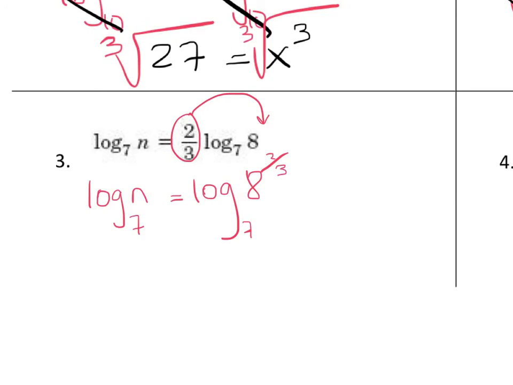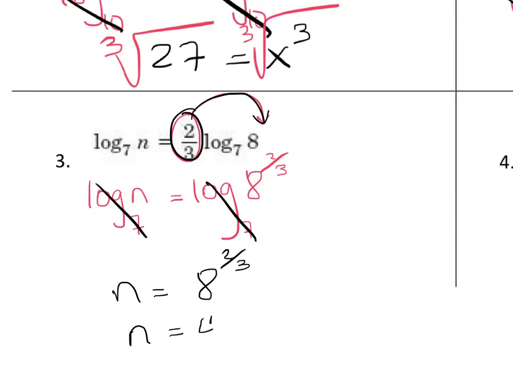Now remember, even though it's a fraction, it still goes up to the power. So log 7 cancels out, so n is equal to 8 to the power 2/3. My academic students, you can do this on the calculator, and you will find that 8 to the power 2/3 is 4, so n is equal to 4. So even though it's a fraction, it still goes up as a power.